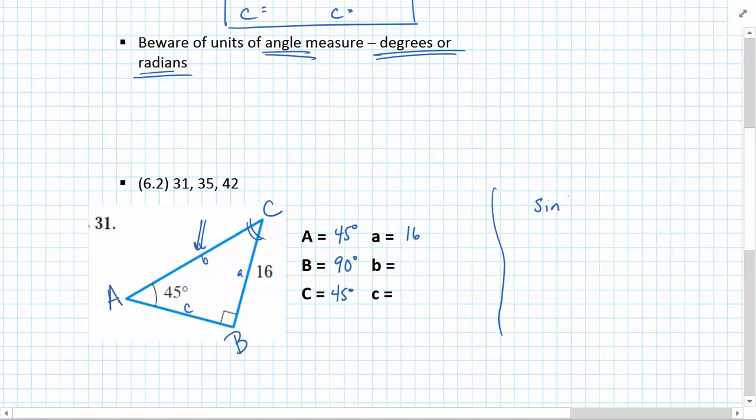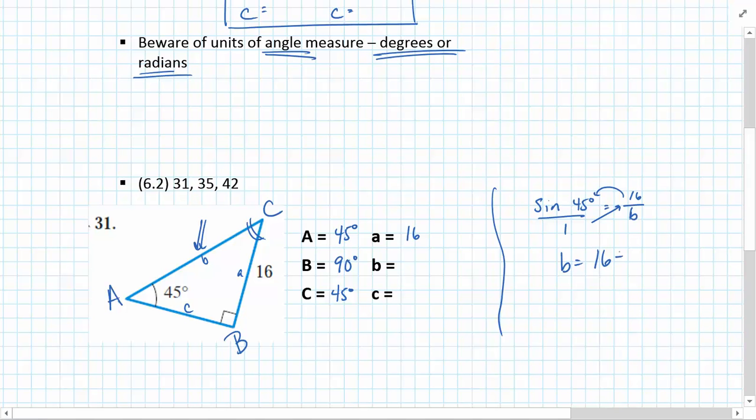So if I set up the equation, sine of 45 degrees is equal to 16 divided by b, the side length b that we're looking for, I could set up the proportion and solve for b. b would have to be equal to 16 divided by sine of 45.